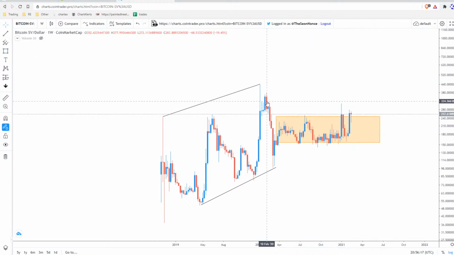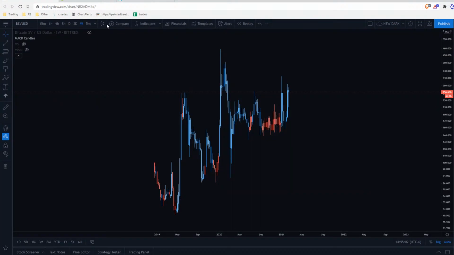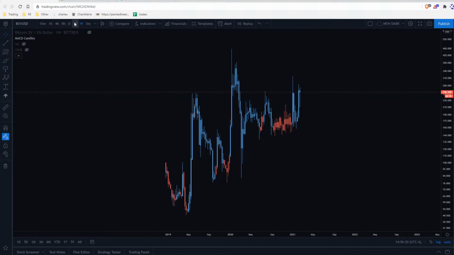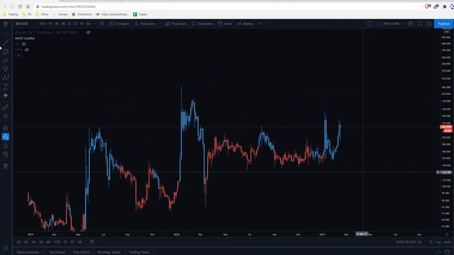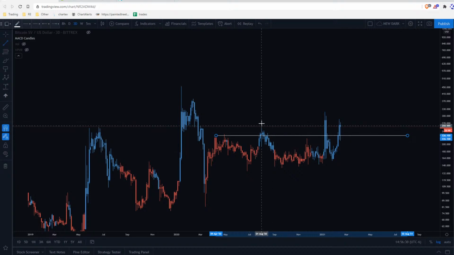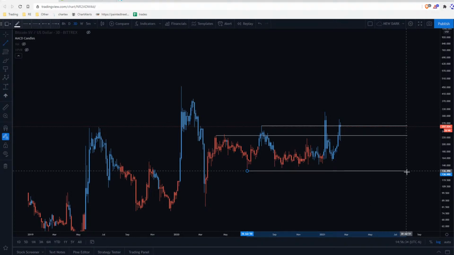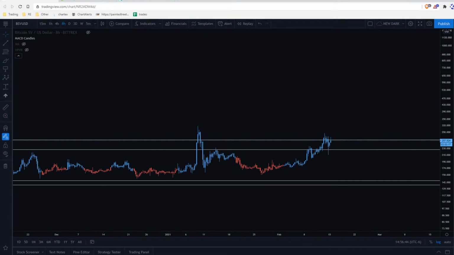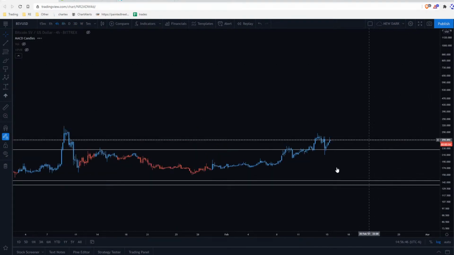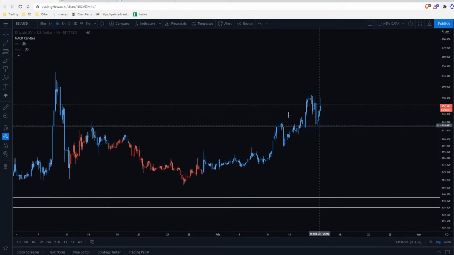So this looks really majorly bullish to me. And we've got probably a flat right here.